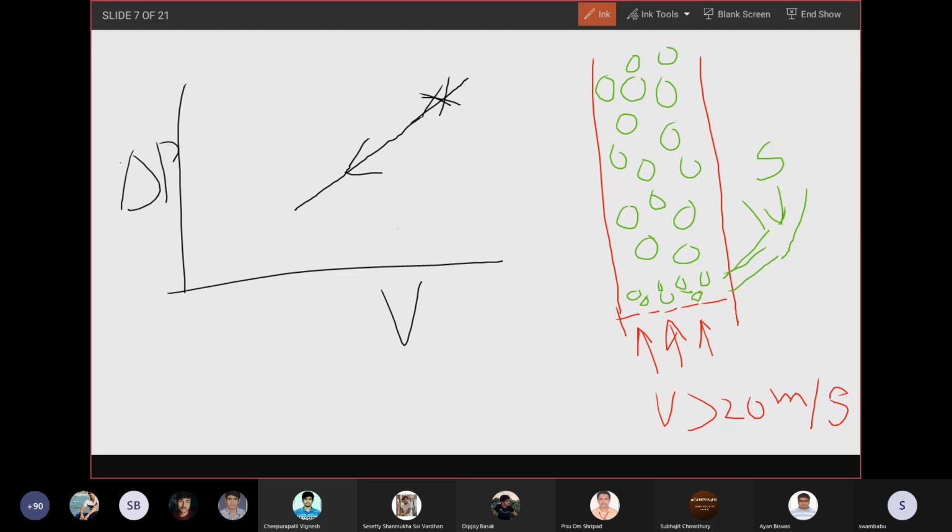Now, as you reduce it, what will happen? We all know it. As you reduce the velocity, this is the particle, and the air is blowing like this. Air is lifting the particles like this. Then we know the gravitational force acts downwards.